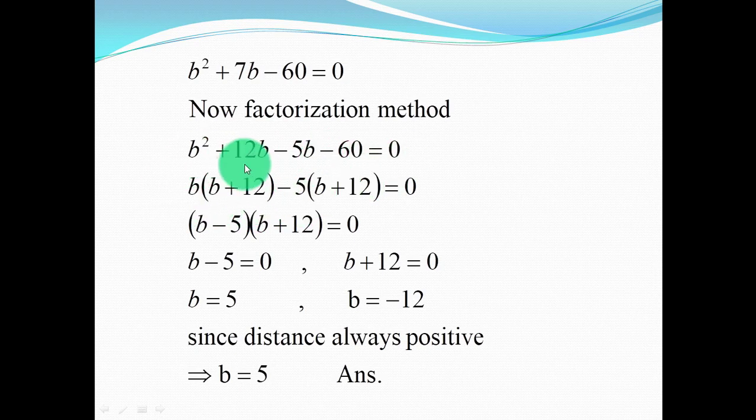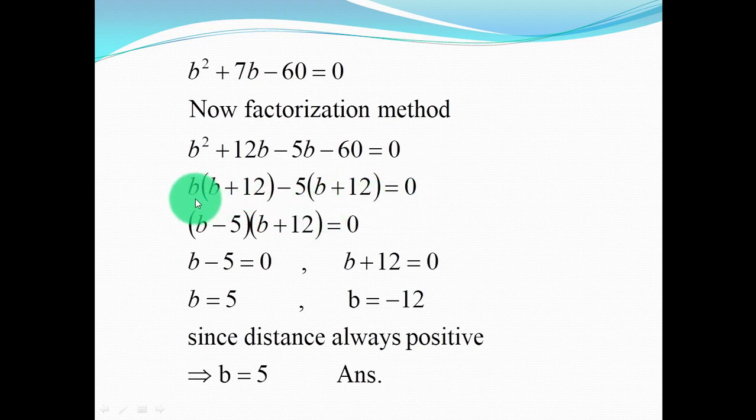From the first two terms, take b as a common factor; the remaining is b plus 12. Take minus 5 as a common factor from the third and fourth terms; the remaining is b plus 12 as well. So the first and second terms both have b plus 12, which we take as common, and we can write b minus 5 times b plus 12 is equal to 0.